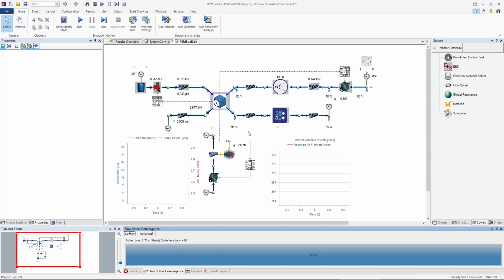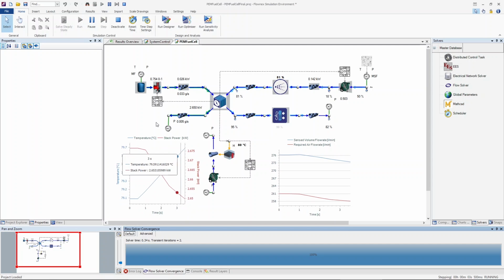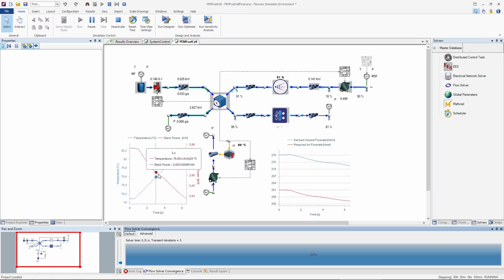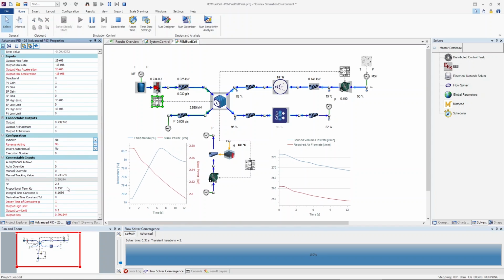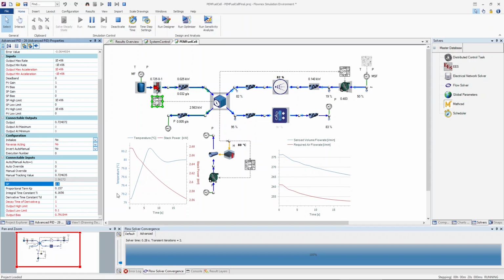So now what makes Flownex very, very useful is that we can understand the system from a transient perspective. So we can then run the system. You can note here on the left hand side that the stack power is being set to, in this case, 2.5 kilowatts.